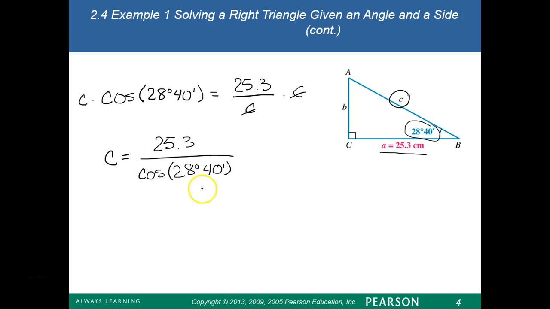Plug this into your calculator, and we should get approximately 28.8 centimeters. And then we're done. Once we find all the unknown information of our triangle, you're done. We found what our angle A was from the beginning. We already found B, and now we found C. So all the angles are known and all the sides are known now. We're done in solving this right triangle.